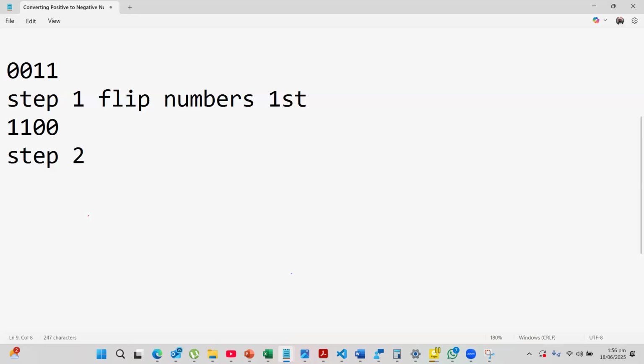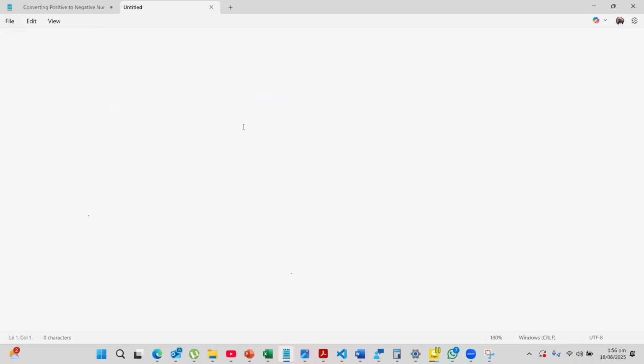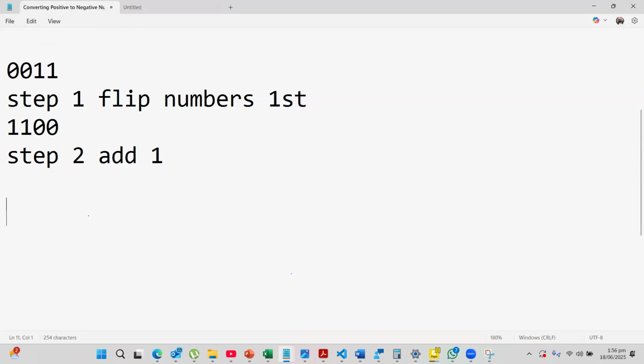I'm supposed to add 1 to the number in which I have what? Flipped. So here I'll have 1, 1, 0, 0 plus what? 1. This would give me 1, 1, 0, 1.